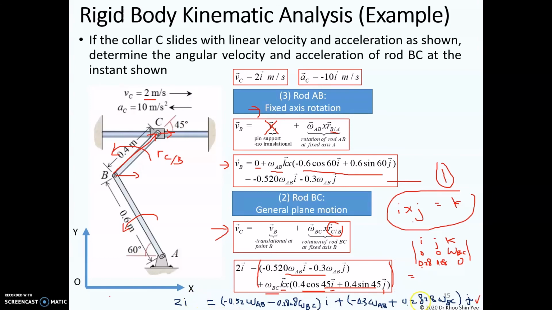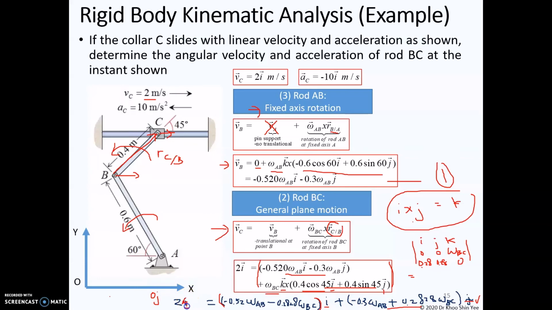Then you can compare the coefficients to find omega AB and omega BC here. For example, you compare the coefficient for i. So 2 is equal to this coefficient. And when you compare the coefficient for j, since there is nothing on the left hand side, you have 0j. So 0 is equal to this term.